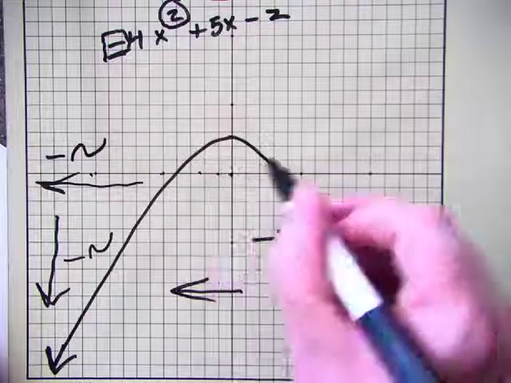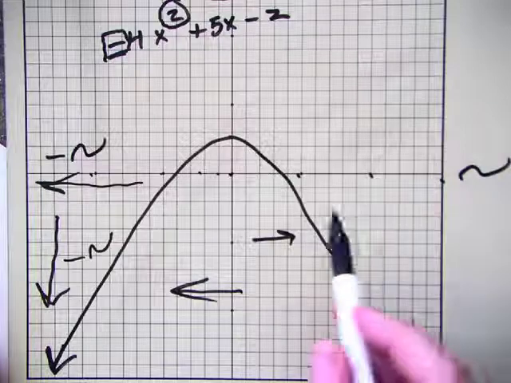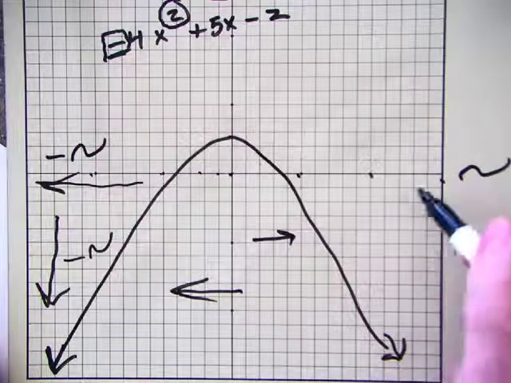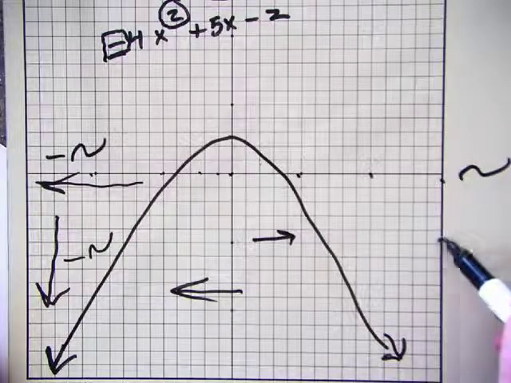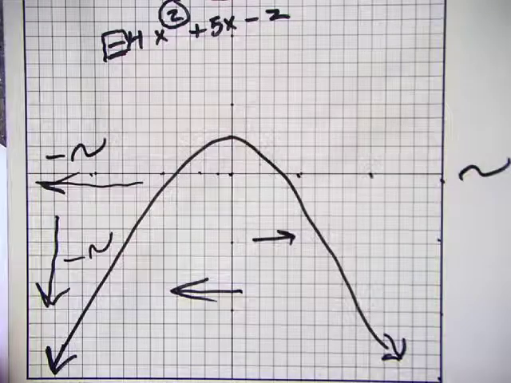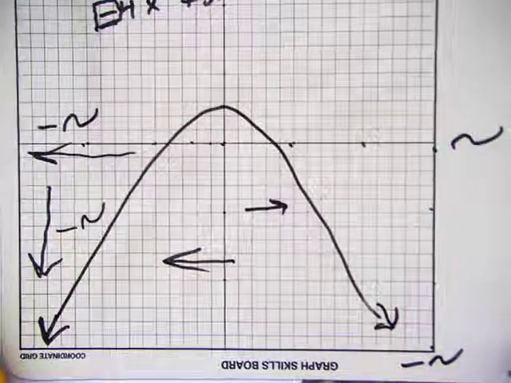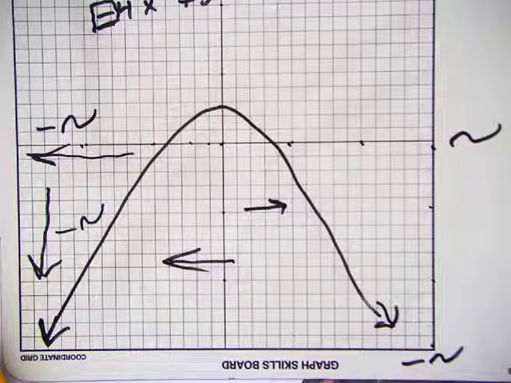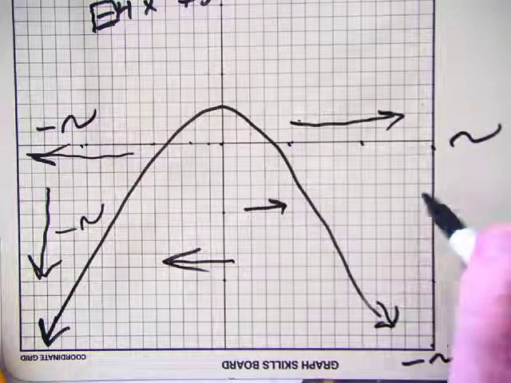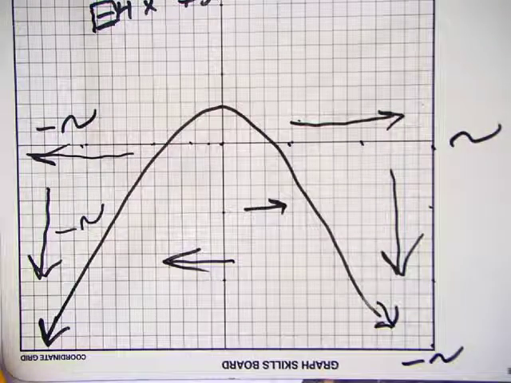As it increases 5, 10, 15, and infinity, as it goes off to infinity, well, what happens here? It's going down -5, -10, -15, all the way down to -infinity. So if it goes all the way down to -infinity, then we can say as x approaches infinity, f of x approaches -infinity.